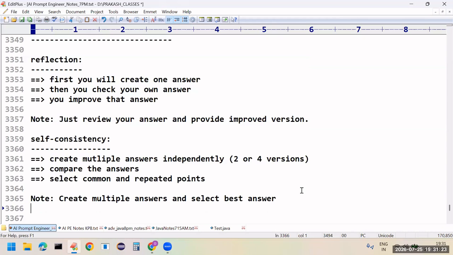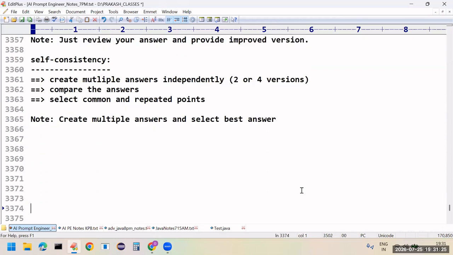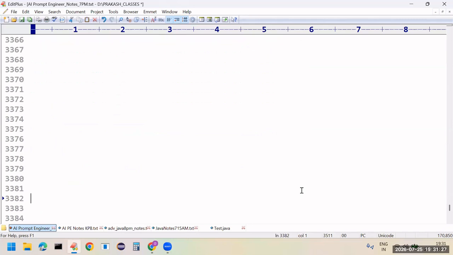So I will add 2 more points, friends. Please listen, maybe this will be useful. Sir, tell me, in your point of view, is self-consistency best or is reflection best? Self-consistency. Now observe the point. Self-consistency is generally stronger.